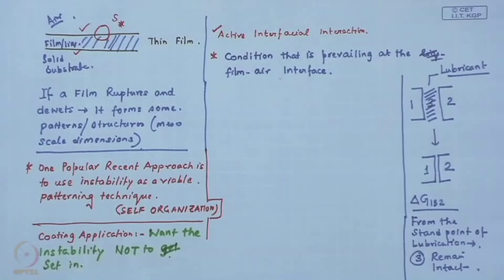So, in this type of an area, it is important to understand the physics, what exactly happens, so that depending on your choice of application, you can trigger instability or you can suppress the instability, both are equally important. If you are talking in terms of patterning, of course, this course talks about patterning, so probably we are in favor of having the instability so that we can create structures of our choice. But reality is that if you are interested to use your thin film as a coating, you would try to prevent the instability at any cost, because if the film becomes unstable, it ruptures, and the functionality of the coating is completely destroyed.